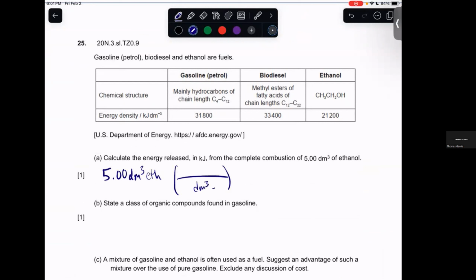Decimeters cubed ethanol. And I only really have that data one place. I see that energy density is measured in kilojoules per decimeter cubed, and for ethanol, I get 21200 over 1 decimeter cubed. Oh, look, I just use the same dimensional analysis I always do. And I get 1.06 times 10 to the 5th kilojoules.